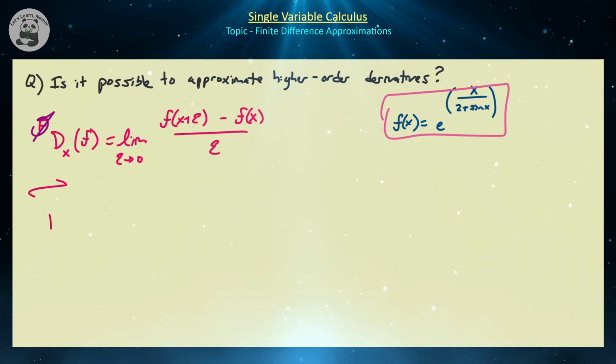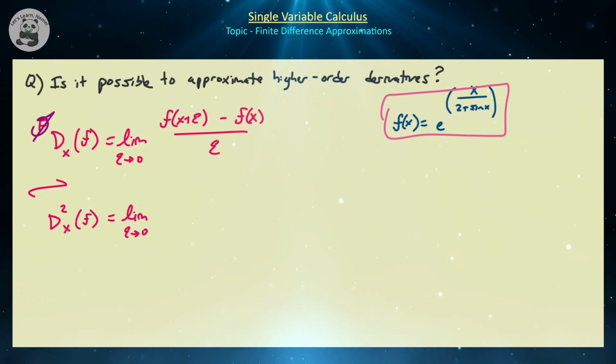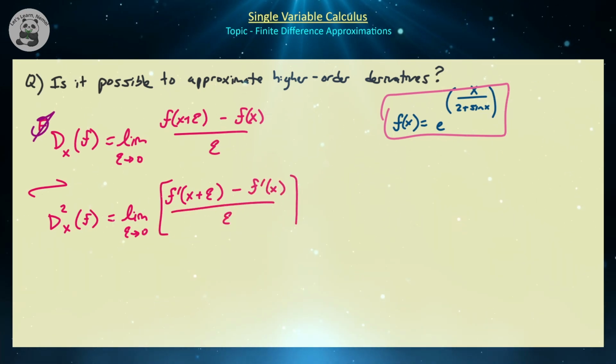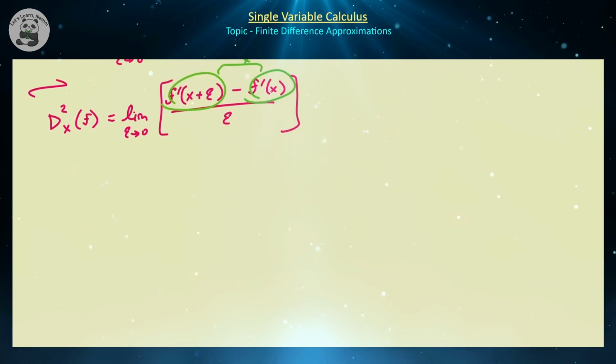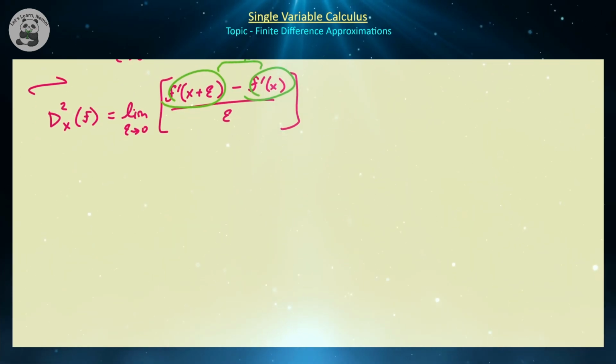So what would the limit definition be for the second derivative of a function? That's just going to be the derivative of the derivative. So that's going to be the limit as epsilon goes to 0 of f prime of x plus epsilon minus f prime of x all divided by epsilon. Then we can apply the forward difference definition for the derivative of both of these functions, and let's assume those limits are also in terms of epsilon.